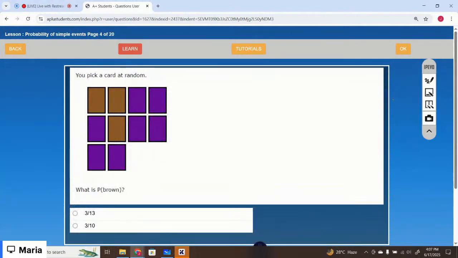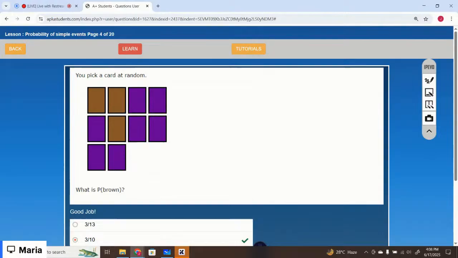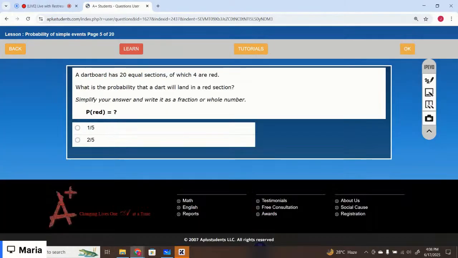We pick a card at random. What is the probability of drawing? That is 3 by 10. Option number two is the correct option. A dartboard has 20 equal sections of which four are red.